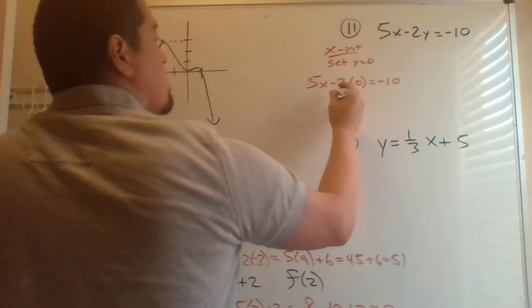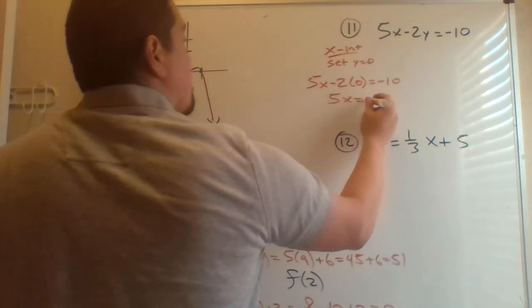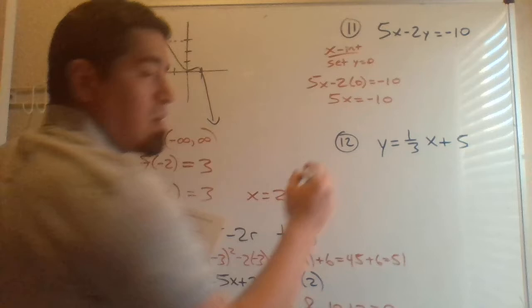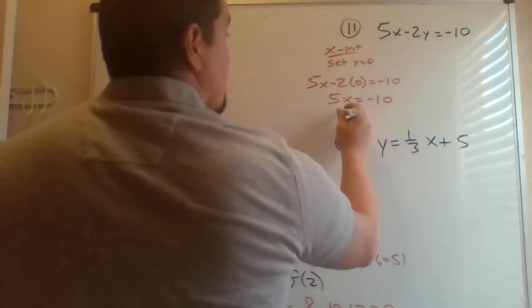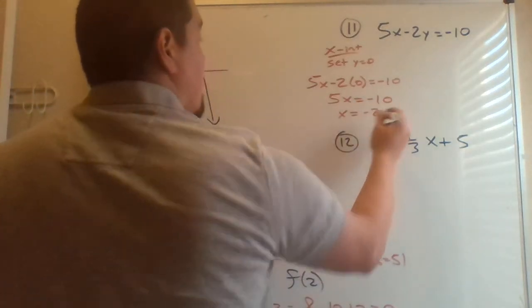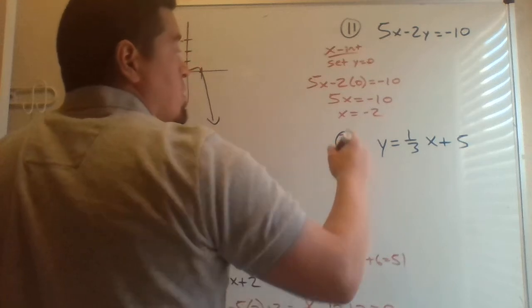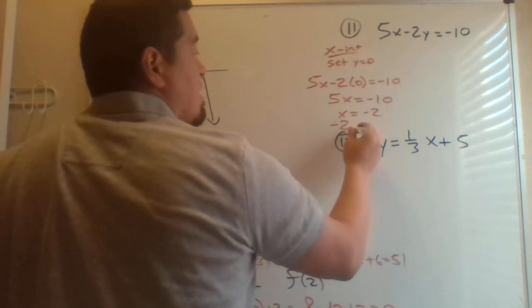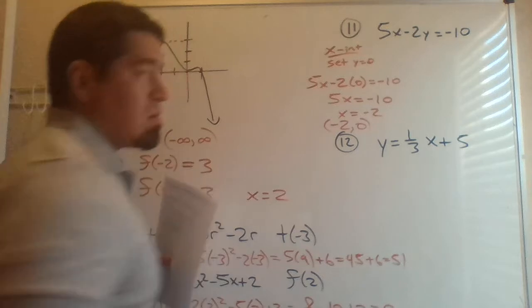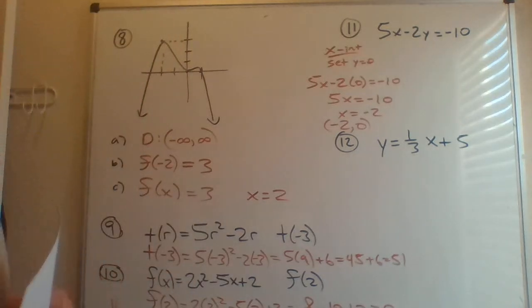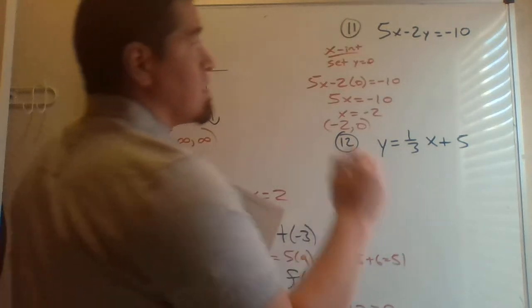Well, we know 2 times 0 is just 0, so we have 5x equals negative 10. Then we're going to divide by 5 and we'll get our answer. X equals negative 2. In other words, our coordinate is negative 2, 0. That's our x-intercept coordinate because we set y to 0.